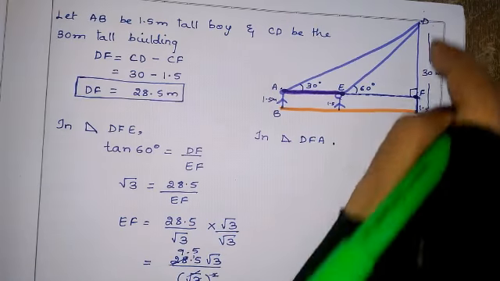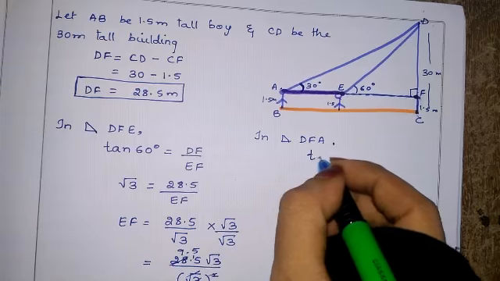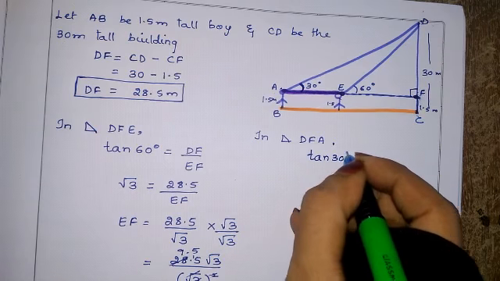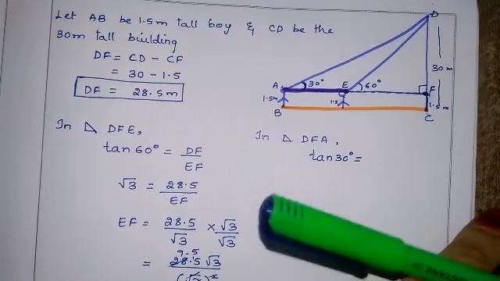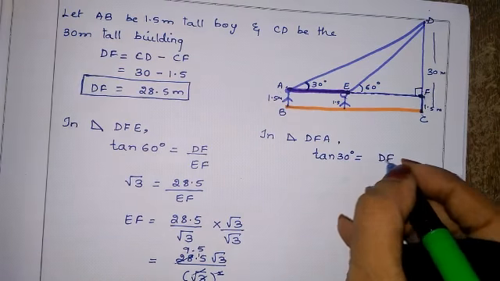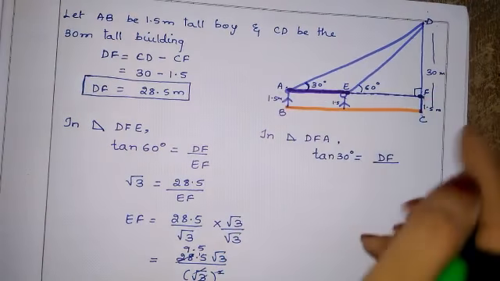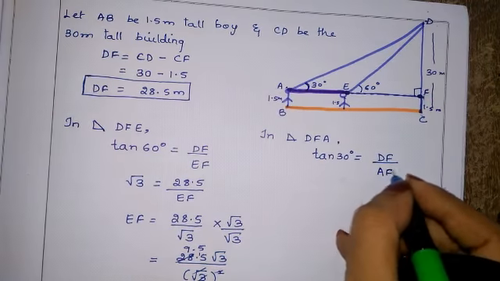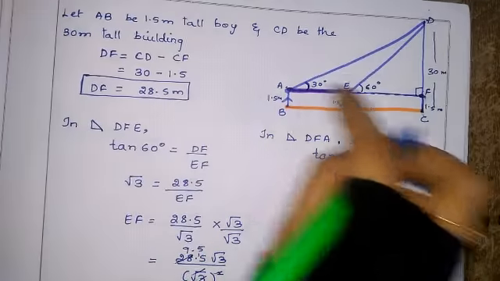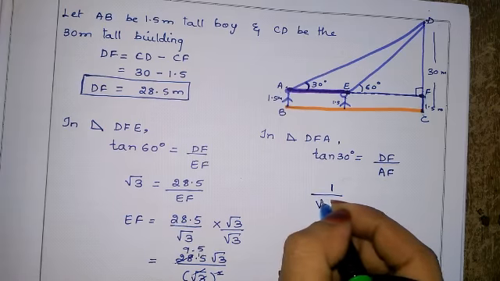DFA. Tan 30 degree. In the big triangle, tan 30 degree is equal to opposite upon adjacent, DF upon AF. Tan 30 is 1 upon root 3.